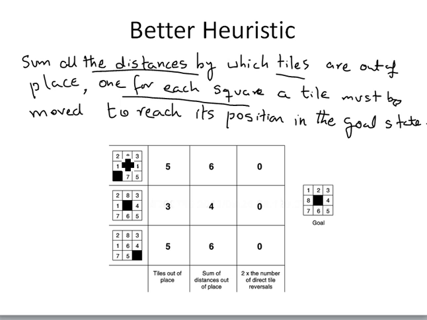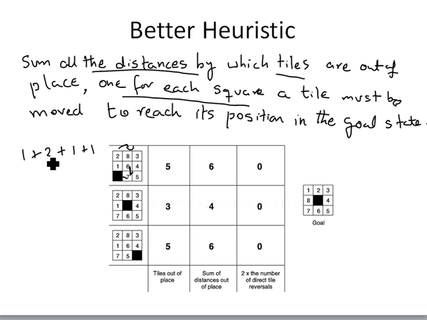For instance, in this case, 2 needs to move 1 place to its desired location here, so we will have 1, and 8 in this case needs to move 1 and 2 places, so we'll put 2 for 8, and then 3, 4, 5 don't need to move. Then 6 needs to move one place there, and then 7 also needs to move one place down there, and that is 1 again.